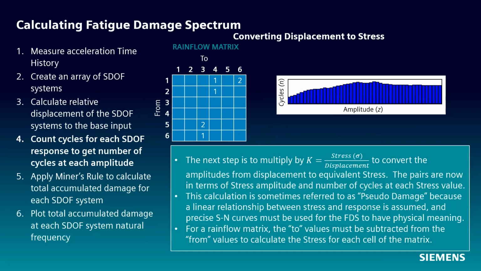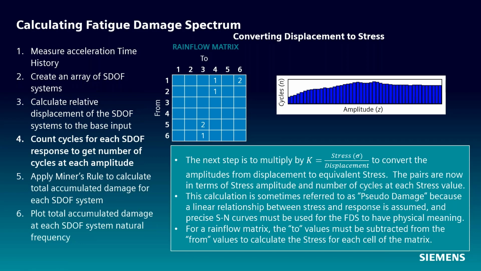And what we have is this rain flow matrix, which can also be converted to a simple histogram. Each one of these corresponds to a displacement, and you can take each one of these cells and figure out how many cycles, that's the number in the cells, 2 cycles from 5 to 2, and that can be recorded in a histogram like this.